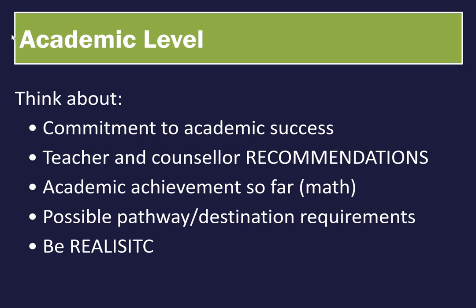If you have a 53 in grade 10 academic math, you may not choose to take the grade 11 university. 53 means you might not have the foundation that's necessary to be successful in grade 11. But do you need it for a university program? Look at your destination. Do you need the courses you're taking at the level you're taking them? And be realistic.